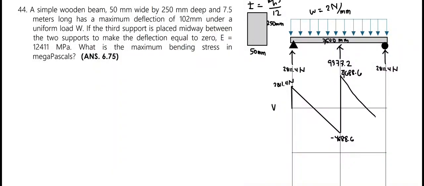We get negative 2,811.4 plus the upward load of 2,811.4. This will become 0.